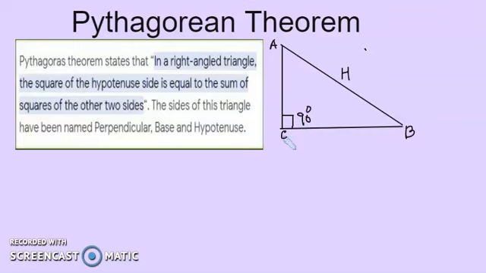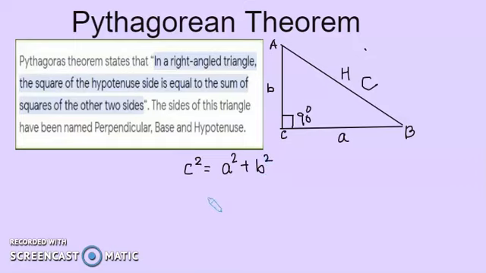So here in this figure we can assume this as length B, this as length A and this as length C. Then we can write Pythagoras theorem as C square equals A square plus B square.